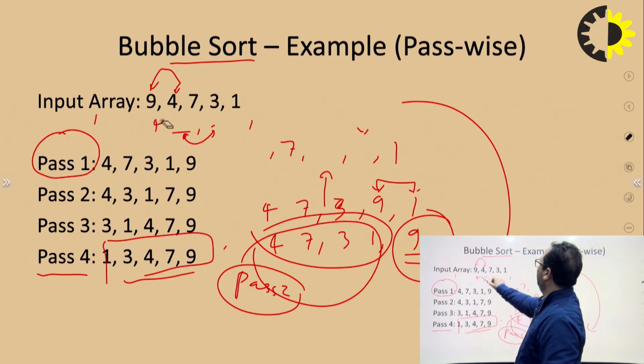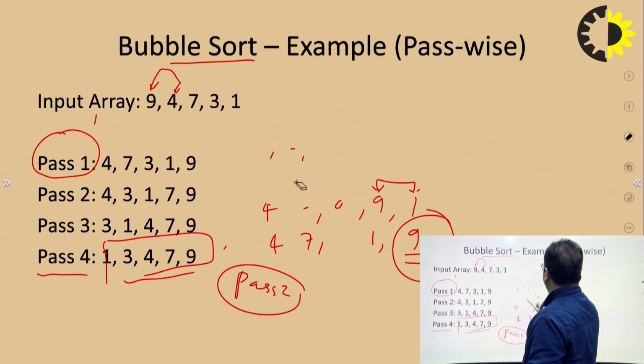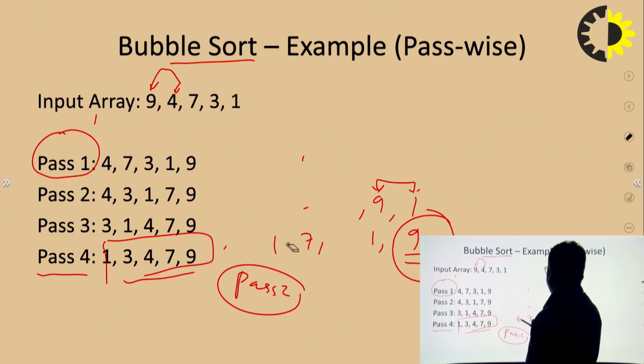Suppose you want to calculate the time complexity of bubble sort, then how could we calculate it? Let's see how we find the time complexity.